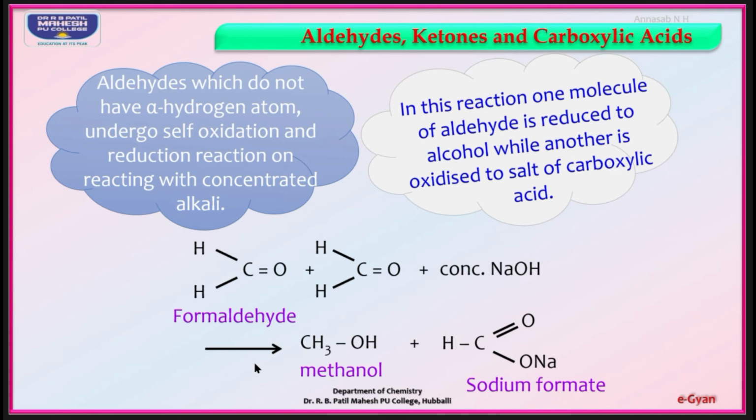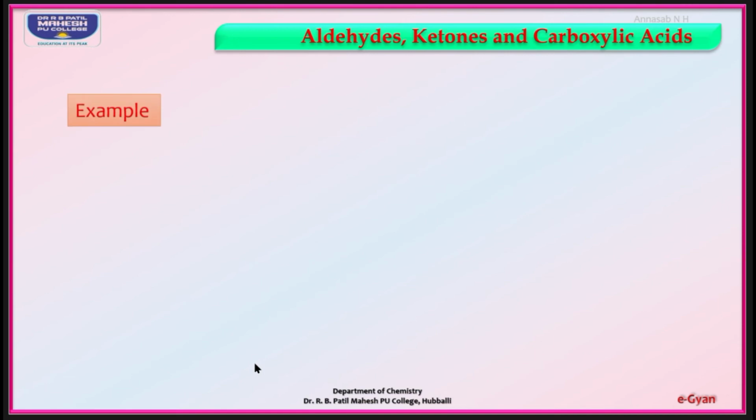Moving further, example, two molecules of benzaldehyde. As the benzene ring is C6H6, one of the hydrogen atoms is replaced by a CHO group, and the carbon atom which is attached to CHO is the alpha carbon, which does not have any alpha hydrogen atoms because it has satisfied its valencies: 1, 2, 3, 4.